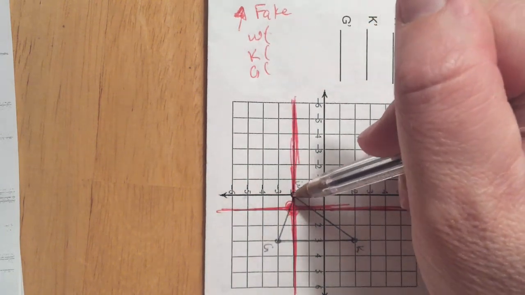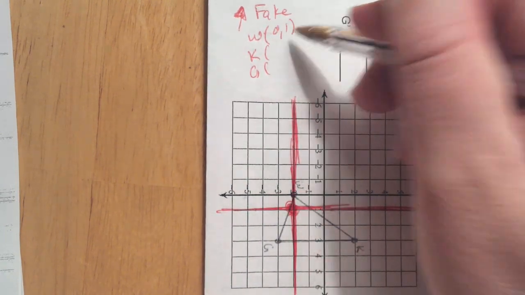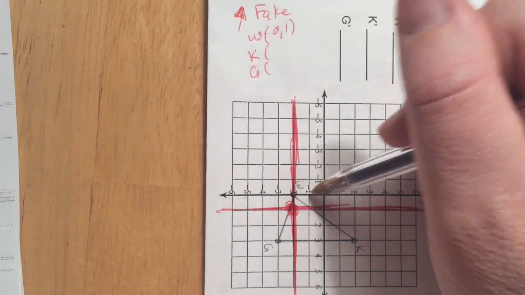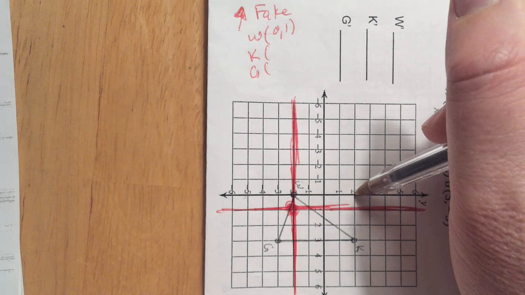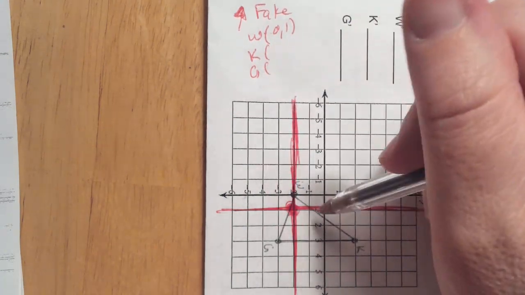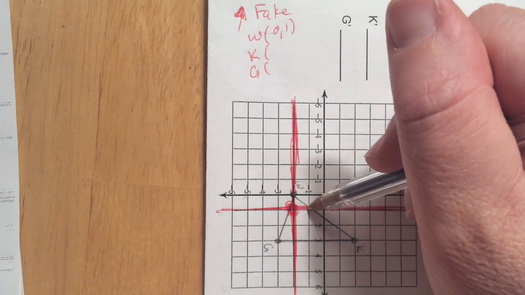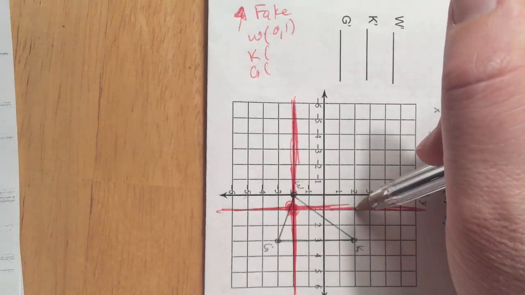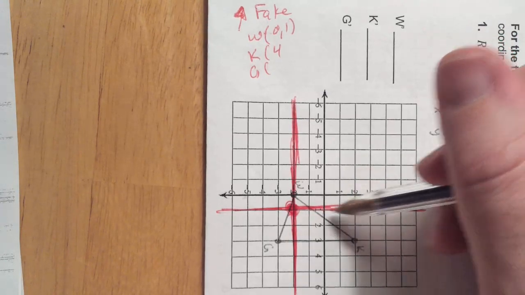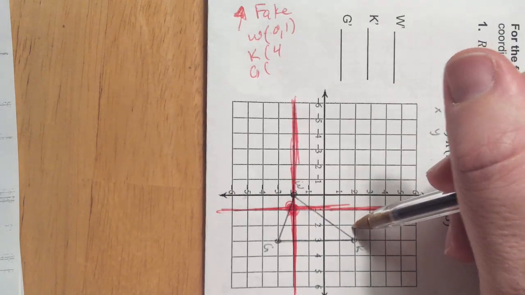So at 0, 1 is where W would be. My K would be at 1, 2, 3, 4. Not 2, it's at 4. So count your hops. So starting at 0, 0, 1, 2, 3, 4. So that's 4, comma, so at the red line right here. So that's 4 and then negative 2.